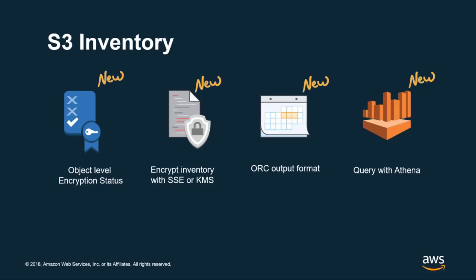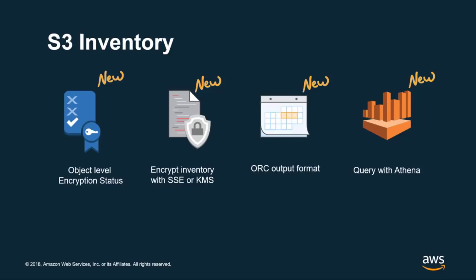And a couple of things we've added to this inventory report specific to security is you can now get object level encryption status. So if you have encryption policies, you can go and review those very quickly. You can encrypt the inventory report itself using either server-side encryption or KMS.